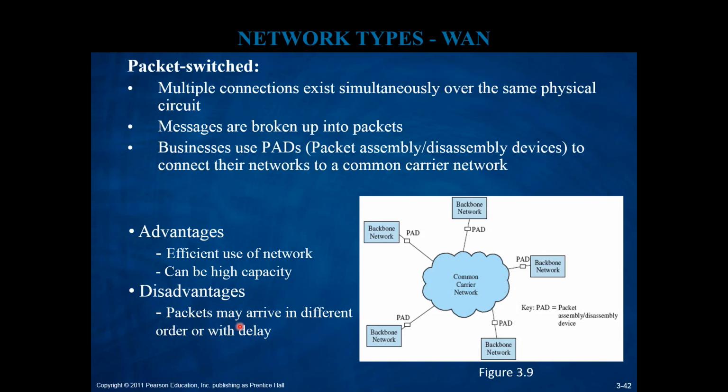But the problem is that although the overall efficiency is good, the efficiency for individual messages, individual transmissions, may not be very high, because some packets may be lost, some packets may be delayed. They may arrive in different orders, so reassembling and repeating those packets may require some time. So sometimes packet switching is a very efficient way to handle telecommunications, but it's not a very fast and reliable way to handle transmission.